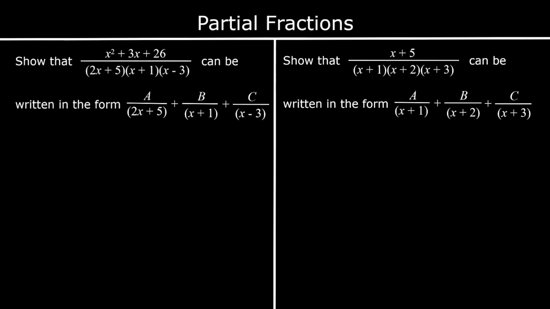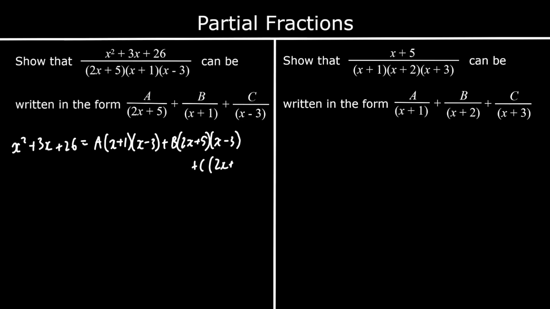So that will give us x squared plus 3x plus 26 equals a times x plus 1 times x minus 3 plus b times 2x plus 5 times x minus 3 plus c times 2x plus 5 times x plus 1.